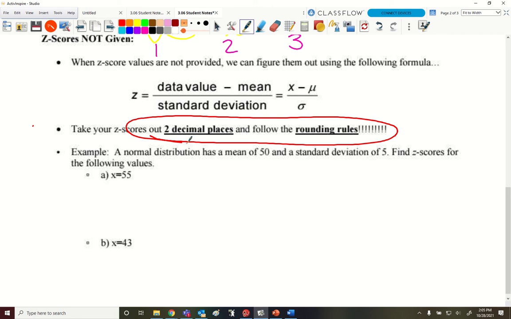Now the next one says normal has a mean of 50, a standard deviation of 5, and an x of 55. So we're going to find the z-score. z is equal to x, which is 55, minus mu, which is 50, divided by 5.